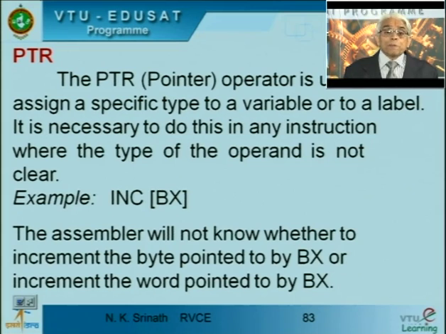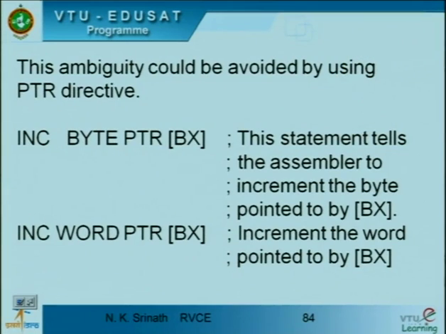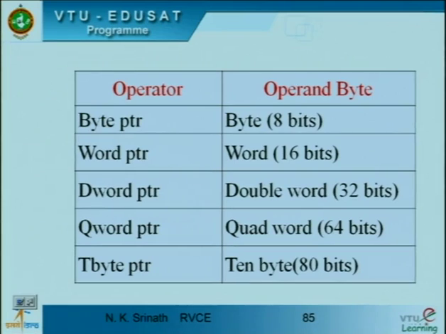So, you need to explicitly mention it, and to mention it explicitly, we have what is called PTR. For example, increment byte PTR BX, similarly increment word PTR BX. This enables the user to understand that it has to be either 8 bits or 16 bits.